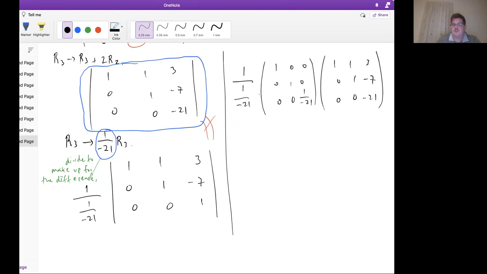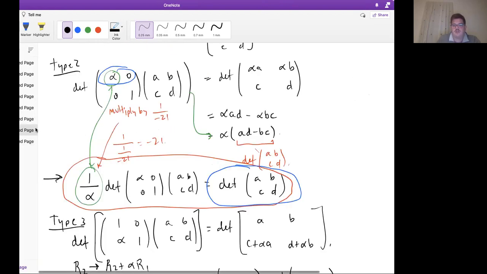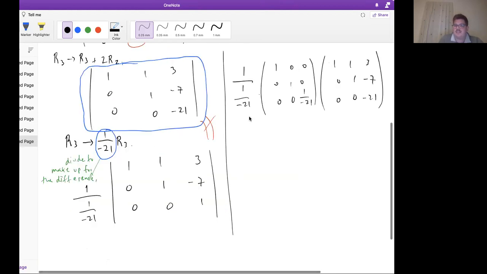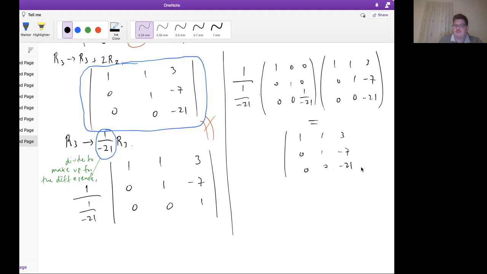So this line right now is the same as this line. You see how the two lines are the same now?